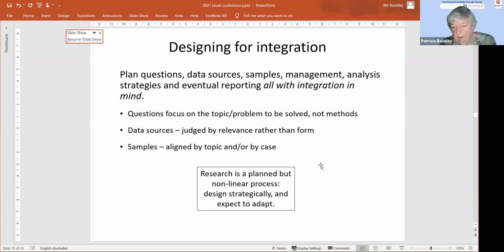You will need to adapt, partly according to what data you are able to obtain, but also based on the things that you're finding out from that data. You find that you need to modify your question, or at least modify the way you're going to answer it.